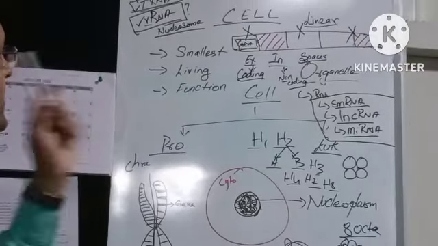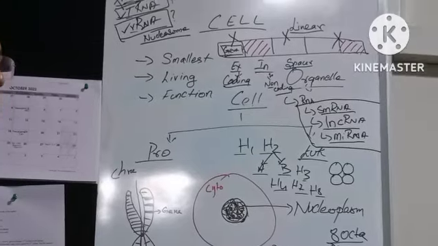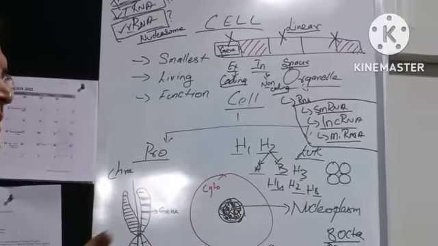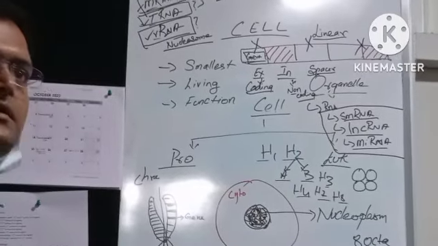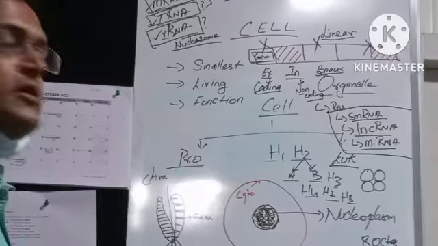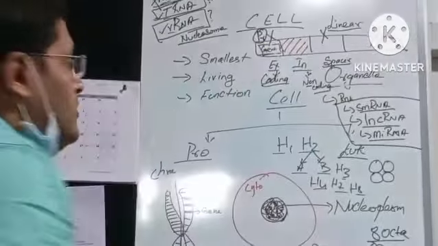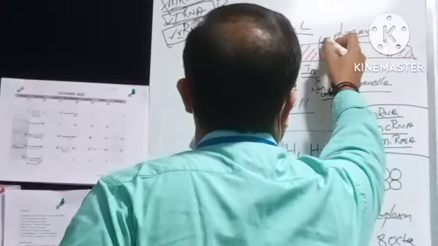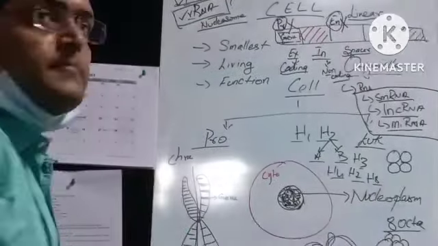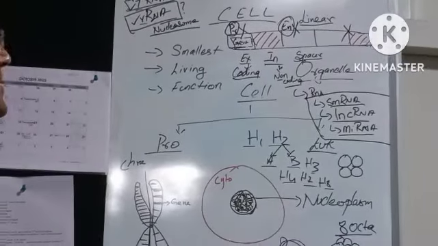Now if it has to replicate, what should it have? Catalytic. So what is that catalytic thing we are discussing? Promoter. In order to start something you need something called a promoter. And in order to continue something or make it better, you need something called an enhancer. So these will also be seen in the gene material. Promoters and enhancers.